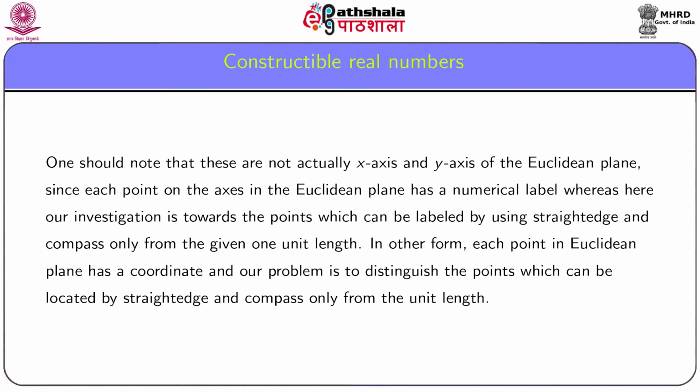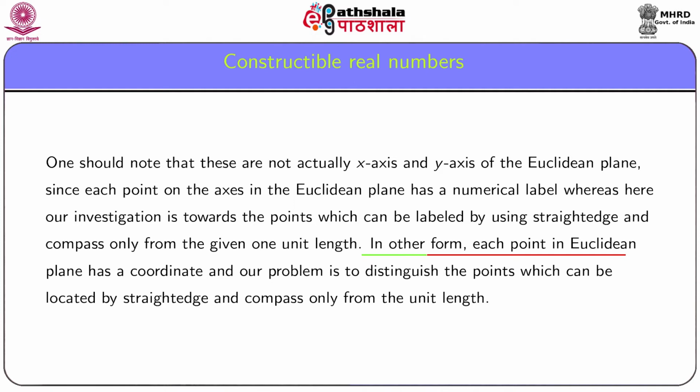One must note here that these are not actually the x and y axes of the Euclidean plane, since each point on the axis in the Euclidean plane has a numerical label, whereas here our investigation is towards the points which can be labeled by using straightedge and compass only from the given 1 unit length.